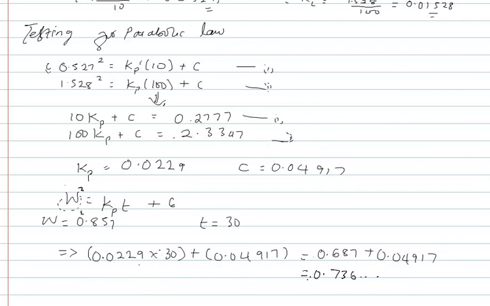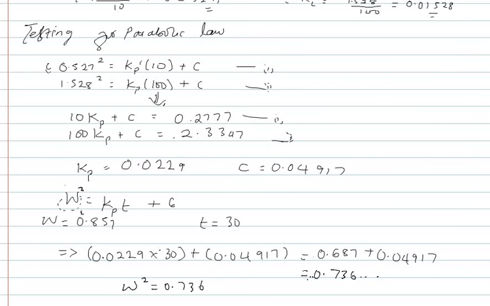So it depends on how you approximate. You can get 0.736 and so on and so forth, but I'm using this rounded up so that you see that even if you approximate, it will still be along the range if you didn't do any major mistakes. So here we have gotten our W squared to be 0.736.